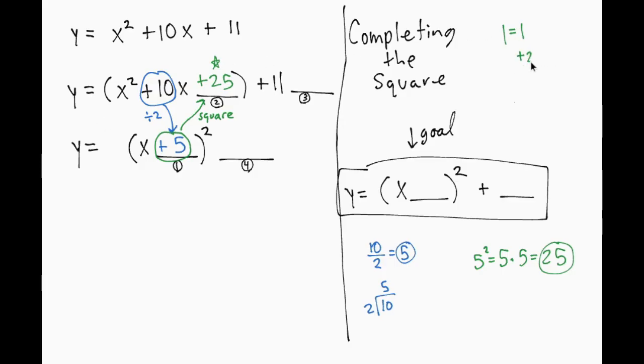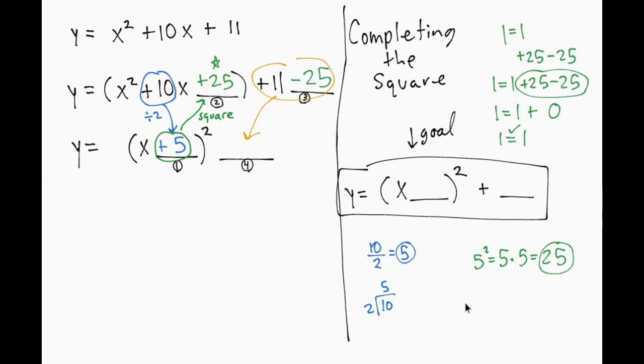When we add 25 and subtract 25 from the same side, we're basically adding 0, so our equation stays equal. So, minus 25 is what we'll put in the second space here.